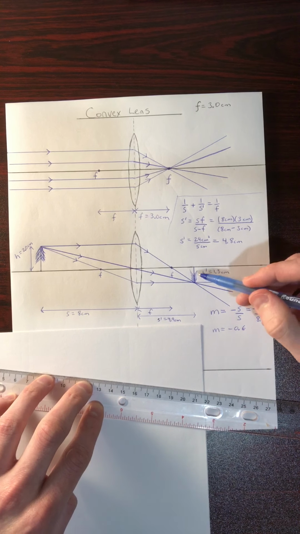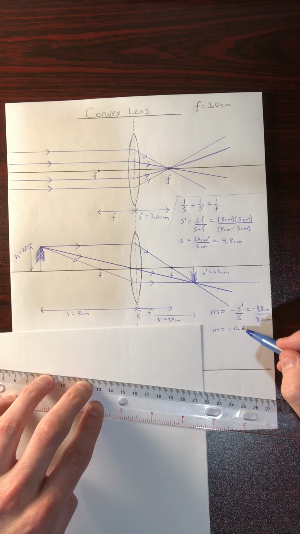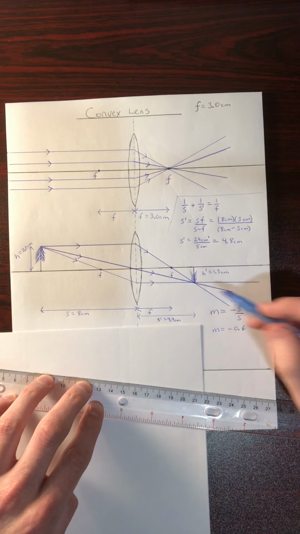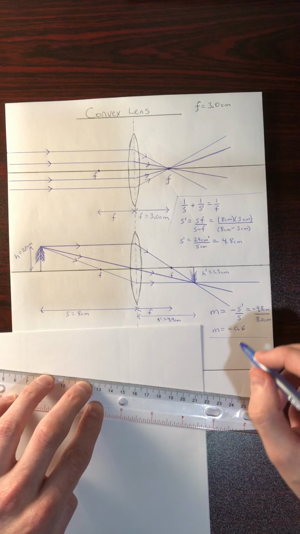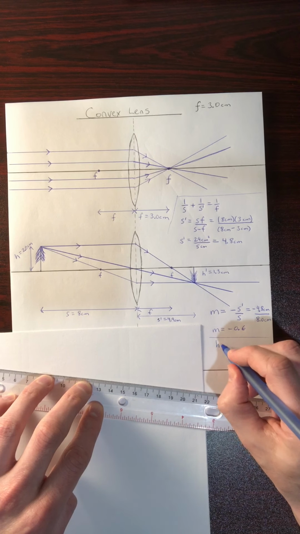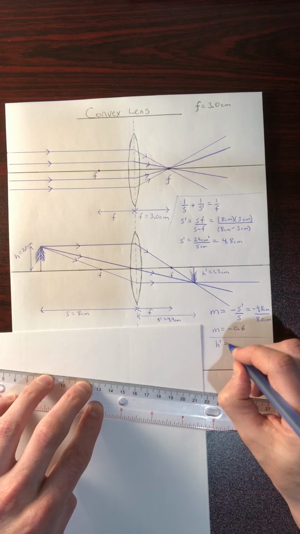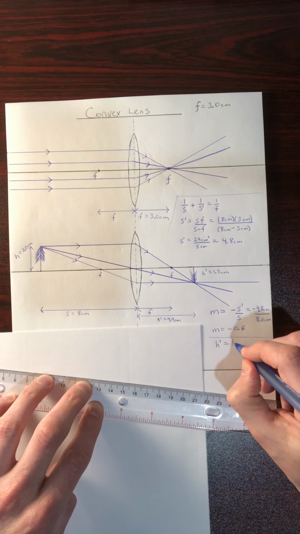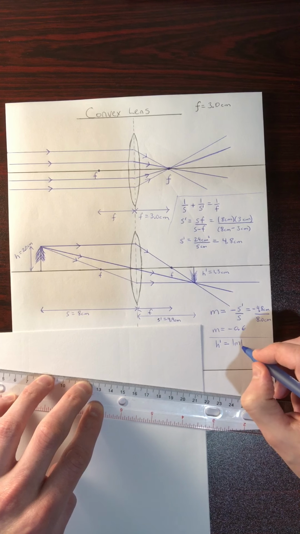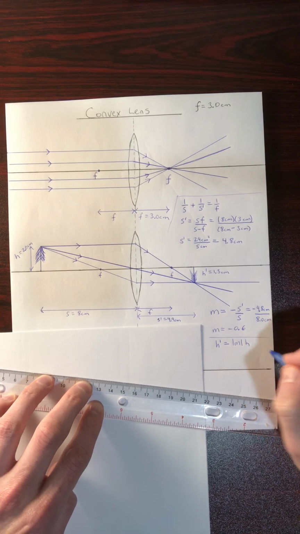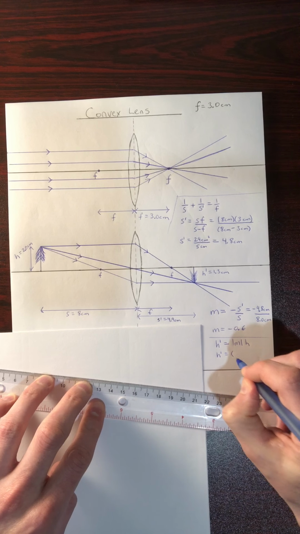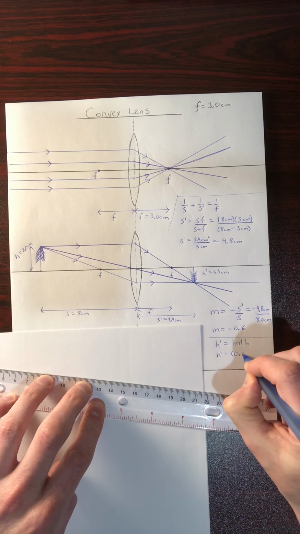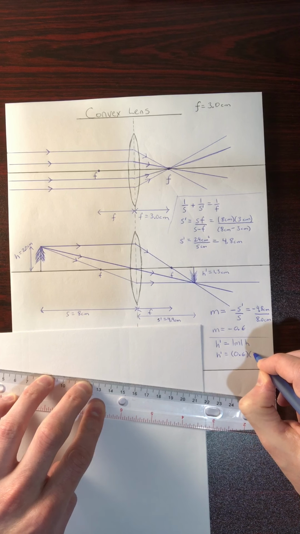It's negative. The negative indicates this flip, and it means the image is going to be smaller, and we see that indeed it is smaller. Now, if you want to know exactly what the size is going to be, h primed is equal to the absolute value of the magnification factor times h. So h primed is equal to 0.6 times the original height, which was 2 centimeters.